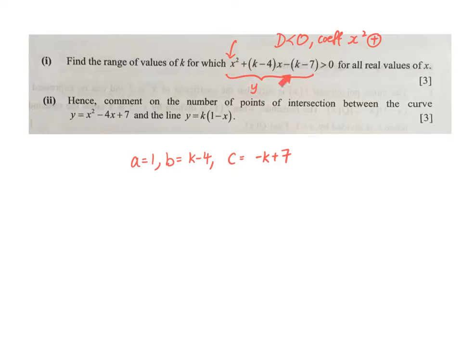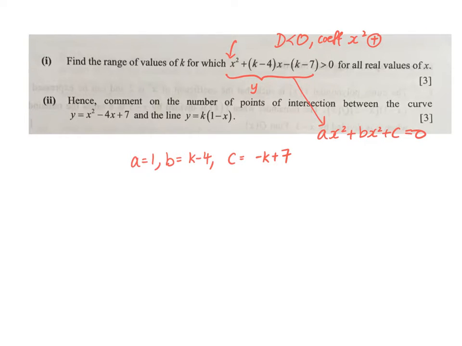Be careful, a lot of students who came forward to ask for consultation missed out the minus sign. You must remember that when we pull out a, b, c, we are looking at the template ax squared plus bx plus c equals 0. So looking at the minus sign here, this c will encompass the whole term over here.